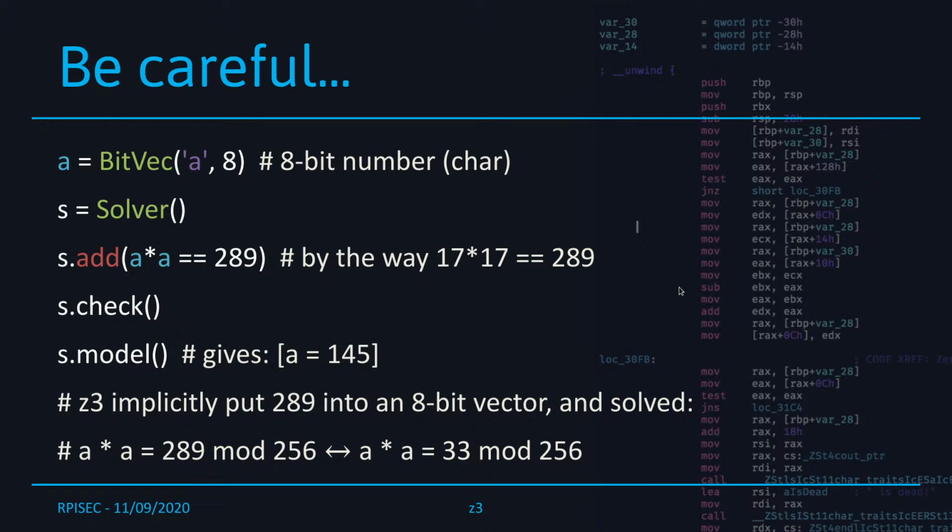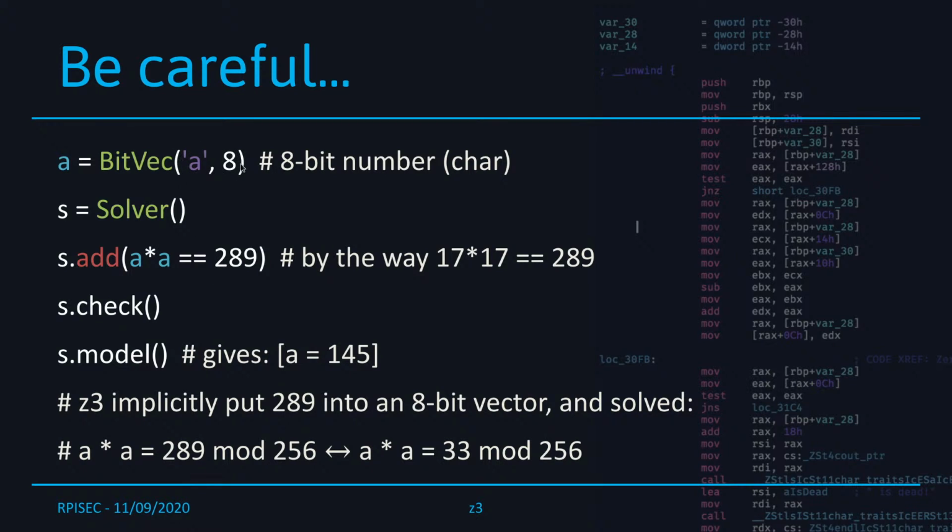However, as we've alluded to a couple of times here, there are a lot of issues that you can run into when you're dealing with these bit vectors. So for example, in this little code snippet, we have an 8-bit bit vector. So it's going to be a vector with 8 bits, and then we're going to add a constraint that a squared is 289.